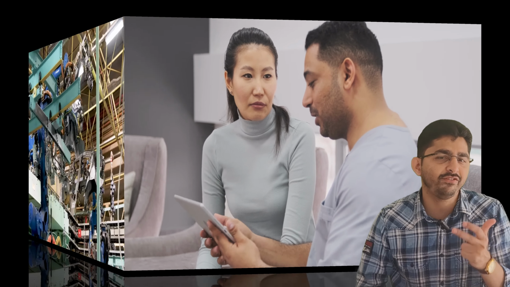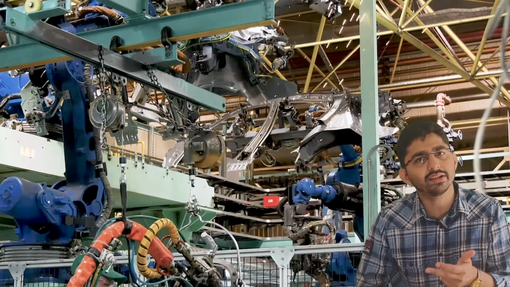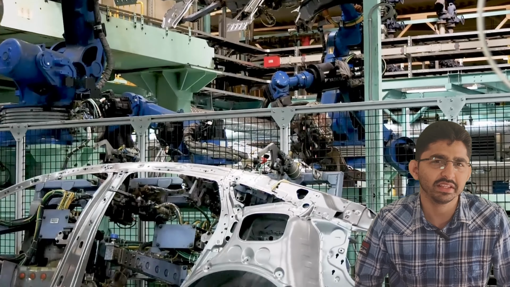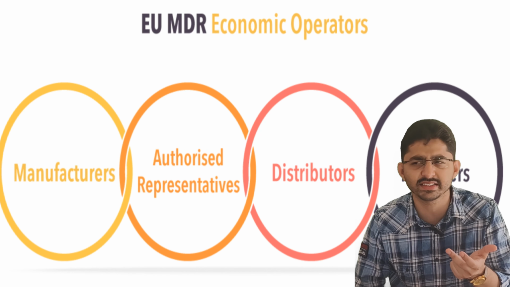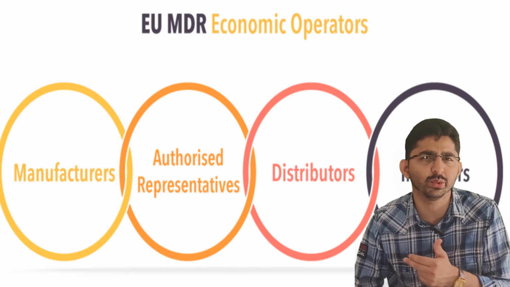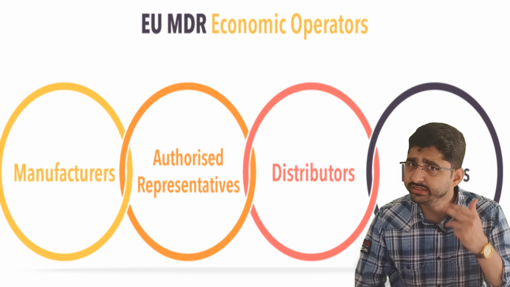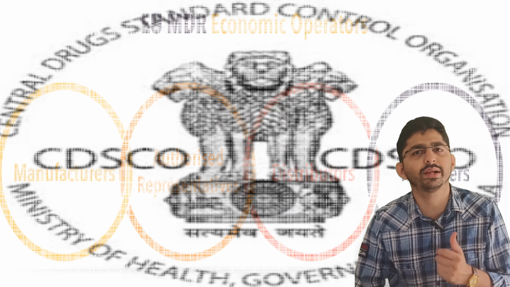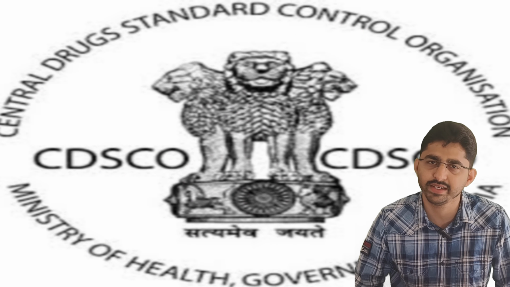Second, can you guess? Second are the manufacturer and the economic operators, right? You must have heard about this word economic operator in the EU MDR or the EU IVDR, right? The third one is the NRA, National Regulatory Authority, right?